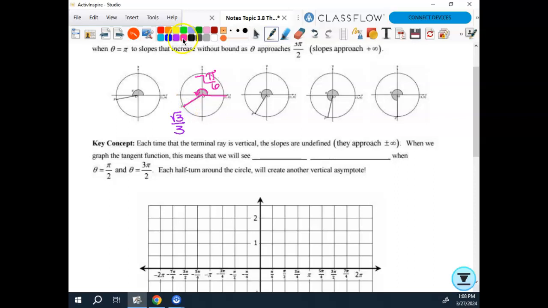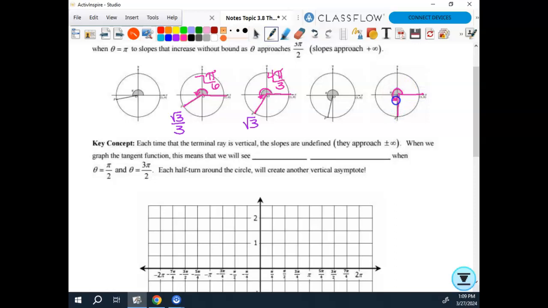And then we will make this our third quadrant pi thirds angle. What would that be? 4 pi over 3. Good. 4 pi thirds. And then what is the tangent of 4 pi thirds? Square root of 3. Then the angles are changing here, but we get all the way to here.